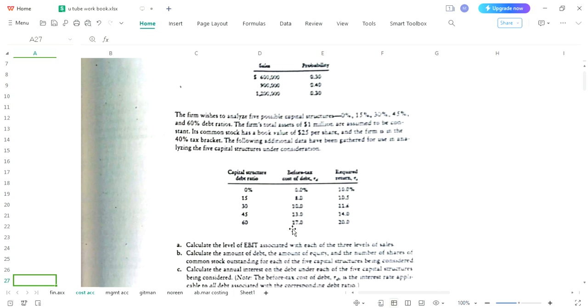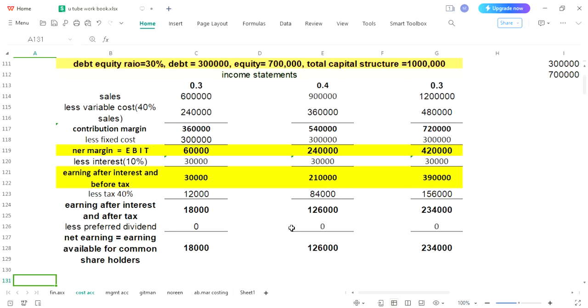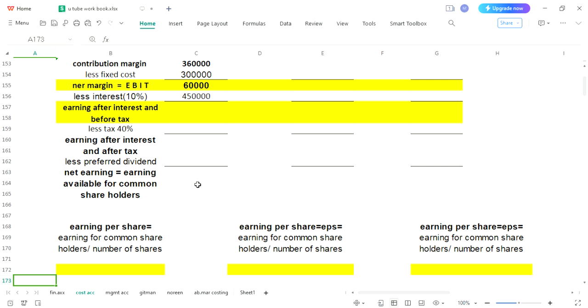It is a little blurry, I have to check it. So 13% is your rate of interest, and over here you will apply this 13% upon debt. In this way, the amount of interest would be calculated.